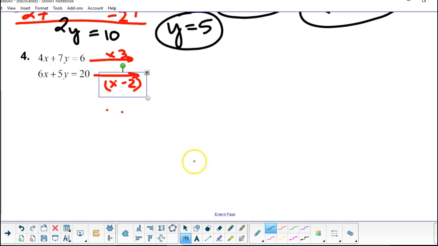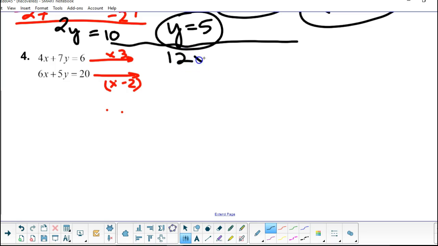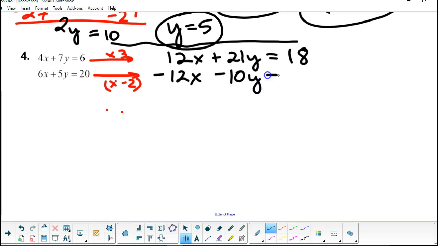In doing that, I'm going to get some things that are going to cancel out. So for our first equation, we're going to have 12x plus 21y equals 18. I just multiplied every number in the equation by 3. Now we're going to multiply everything in the bottom equation by -2. So I get -12x, minus, don't forget your negative here, 10y equals -40.